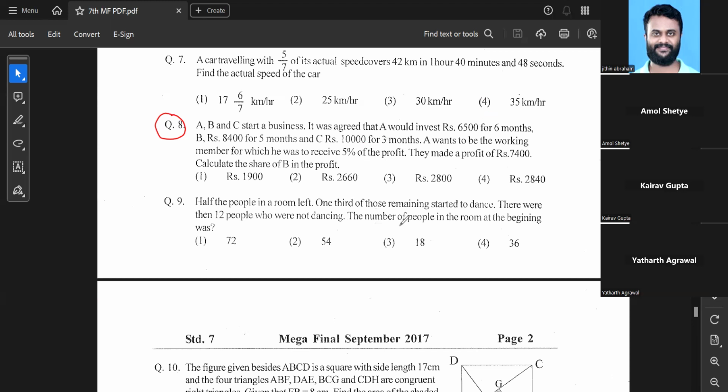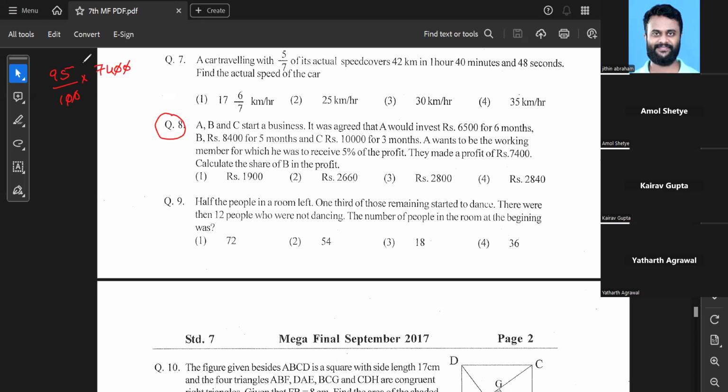Now, out of this 7,400, the investors are going to get only 95% because the 5% is going to remain with A itself. So 95% of 7,400, how much is that going to be? Let's check. It's 74 multiplied by 95.